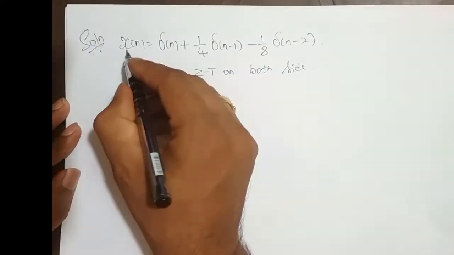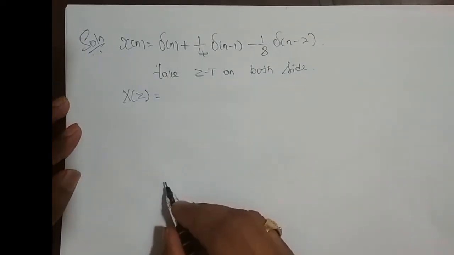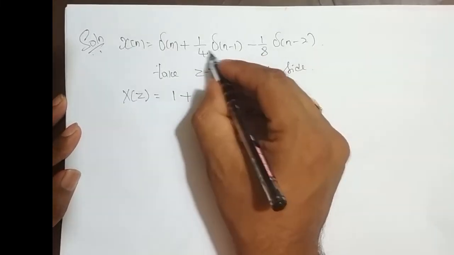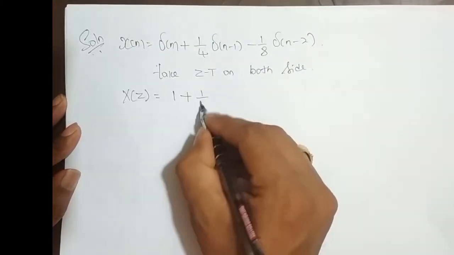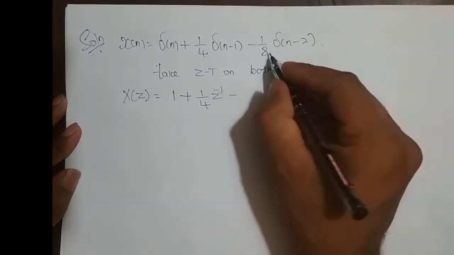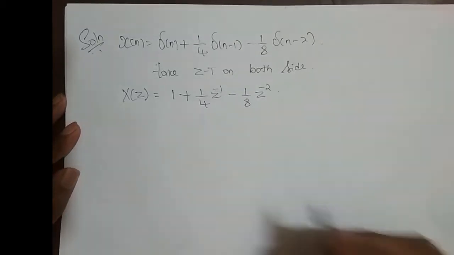So what do we get? The z transform of x of n is X of z, equal to: the z transform of delta of n is 1, plus the z transform of 1 by 4 delta of n minus 1, which is 1 by 4 into z power minus 1, minus the z transform of 1 by 8 into delta of n minus 2, which is 1 by 8 into z power minus 2.